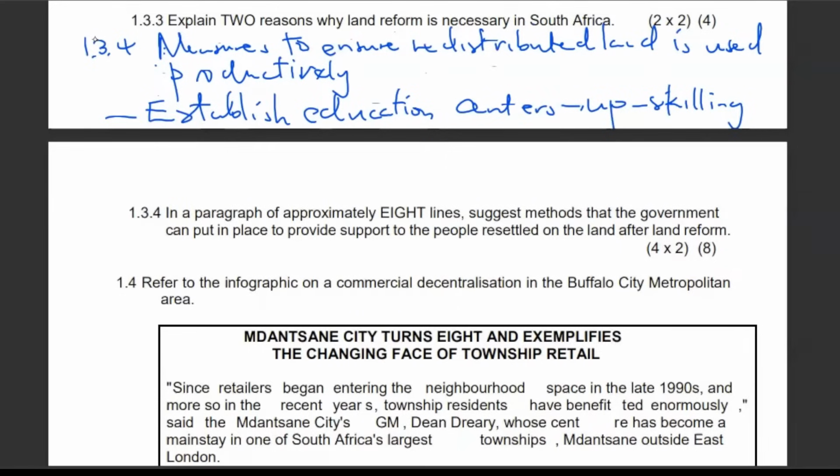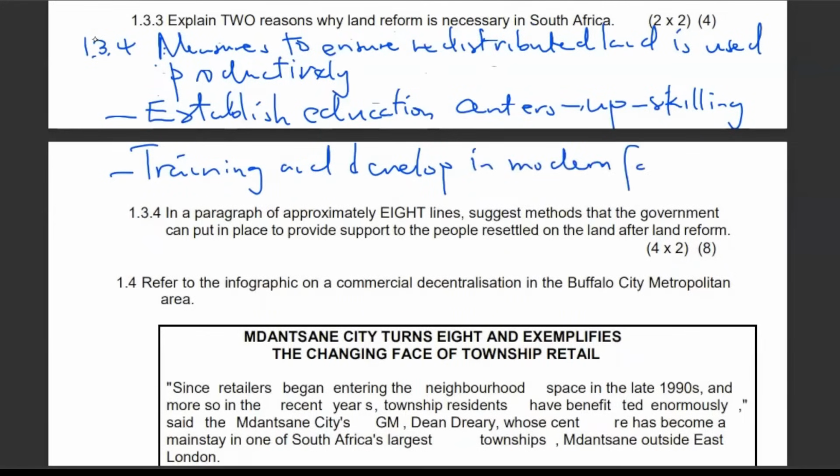We can also add on training and development. The government can institute training and development in modern farming. The world is changing. We cannot keep on resorting to traditional methods of farming.